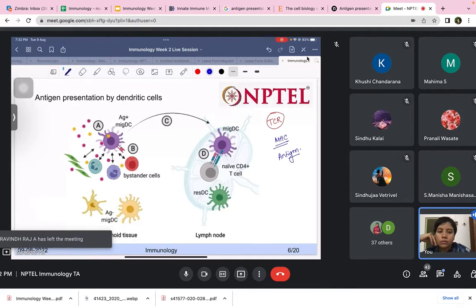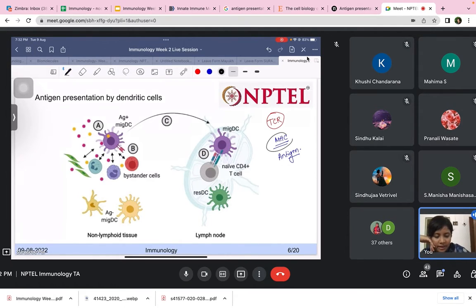Now, Shayon was asking how these dendritic cells present their antigen to the T cells, and whether these dendritic cells have MHC also. So yes, the answer is yes. Dendritic cells also have MHC. Any antigen cannot interact with the T cell receptor without MHC molecules.